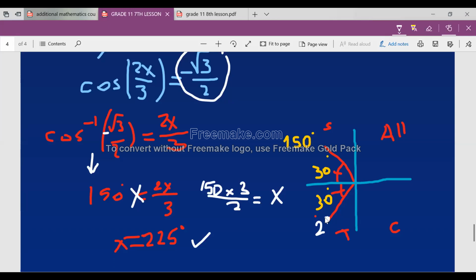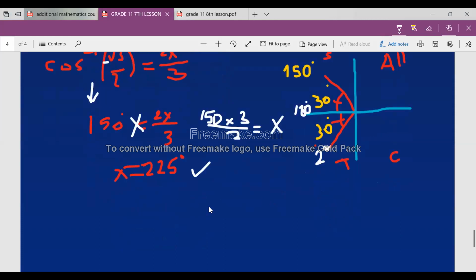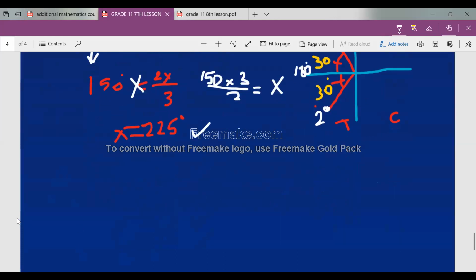how can I find that angle? Here is 180, isn't it? So when you add 180 plus 30 degrees, it equals 210.